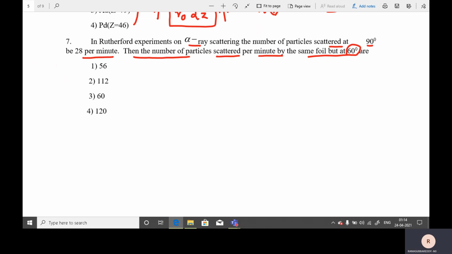Now we have the relation: N is proportional to 1 by sin to the power of 4 theta by 2, where theta is the scattering angle. Can you write this as N1 by N2 is equal to sin to the power of 4 theta2 by 2 by sin to the power of 4 theta1 by 2.